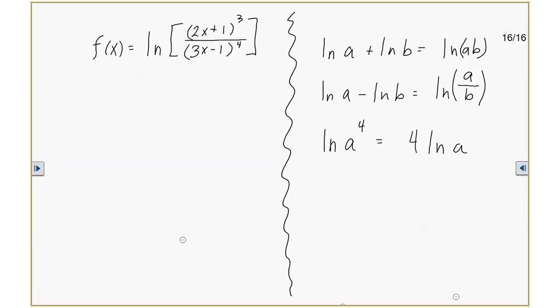There's your review of your logarithmic rules that you learned in algebra.